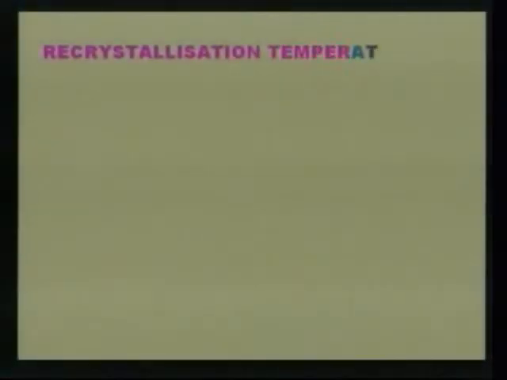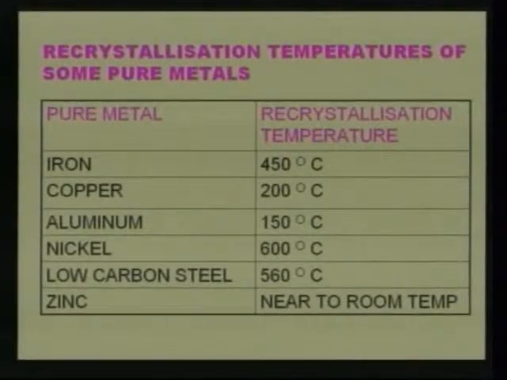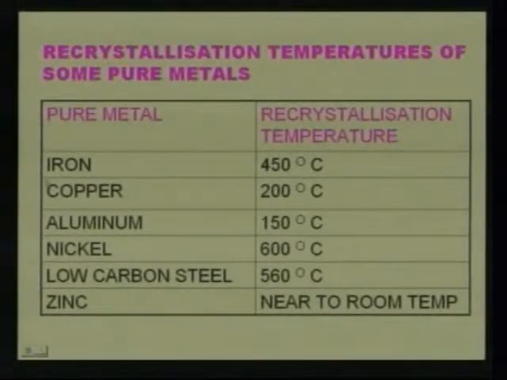Let us see some of the recrystallization temperatures of solids. Now, you see some of the temperatures of pure metals on recrystallization. You see the table: these are the pure metals and these are the recrystallization temperatures in degrees centigrade. For iron, it is 450 degrees centigrade.